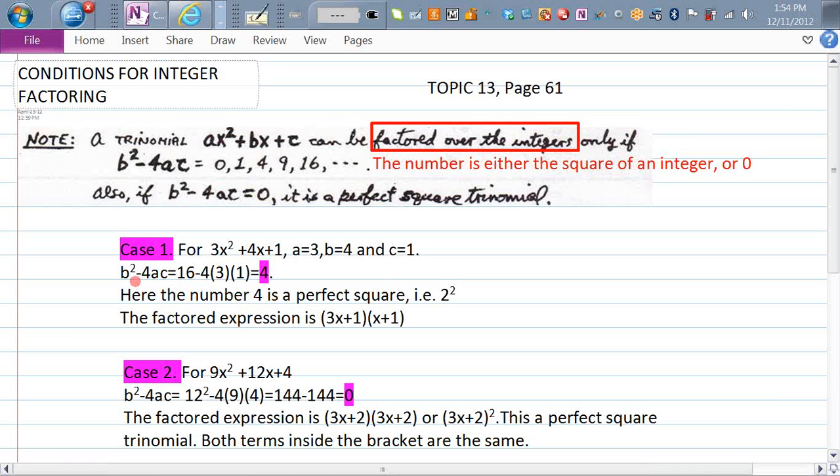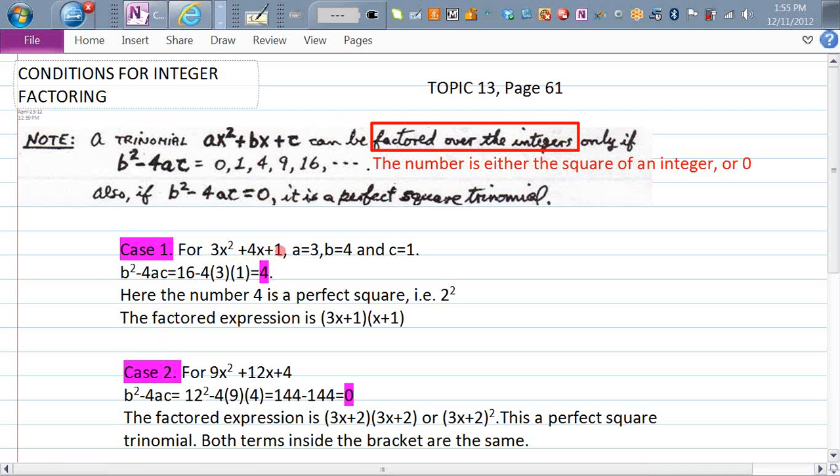And if we apply b squared minus 4ac, we get b squared 16 minus 4ac, minus 4 times 3 times 1. 16 minus 12 equals 4. 4 is a perfect square. It's 2 squared. So we get integers as solutions.